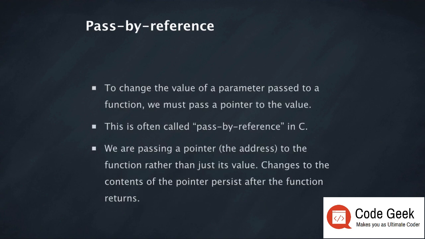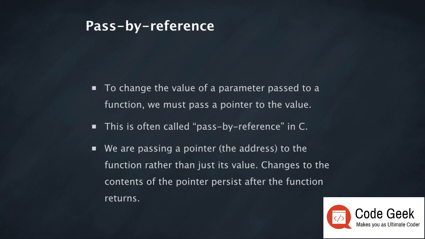Now there's another way to change the value of a parameter that we pass into a function, to retain its value outside the function. We don't pass the value, we pass a pointer to the value. And this is why pointers are so important in C. This is often called pass by reference. Now, if you know C++ or some other language with the keyword or entity name reference, this is not the same thing.